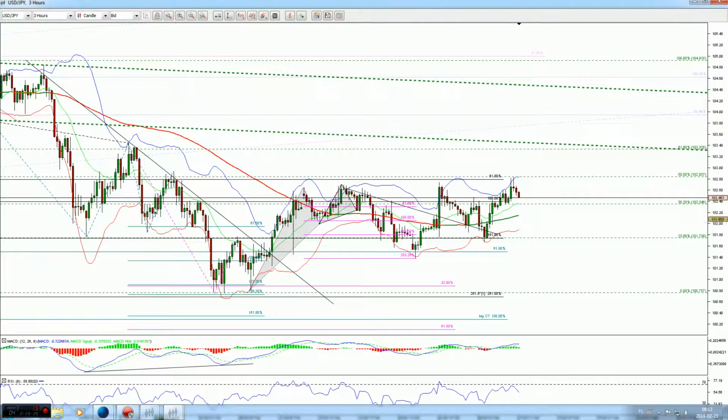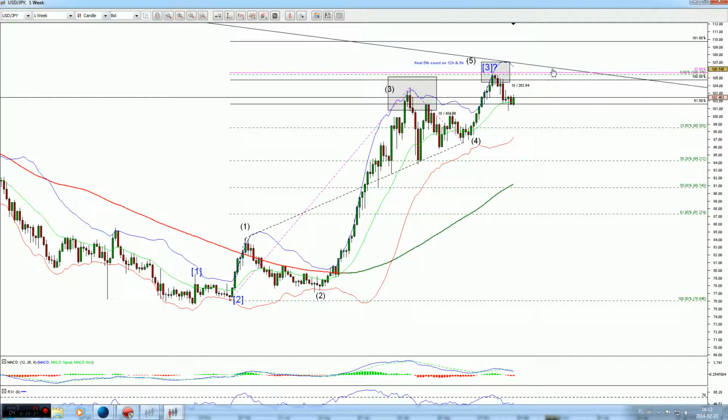The market finished the A wave and started a new move, most probably to the upside, to touch this line, to try to get to this top.